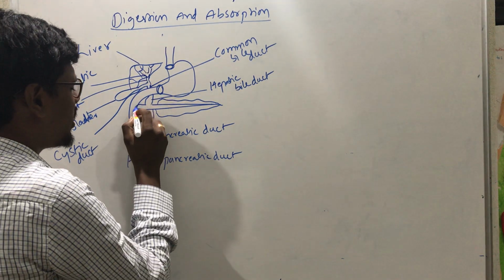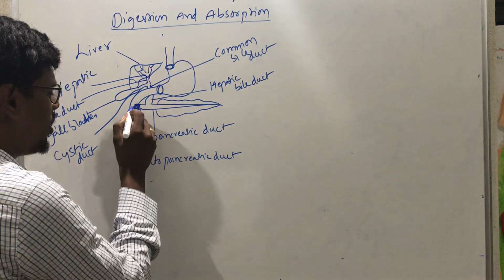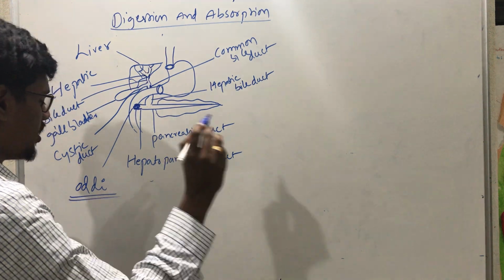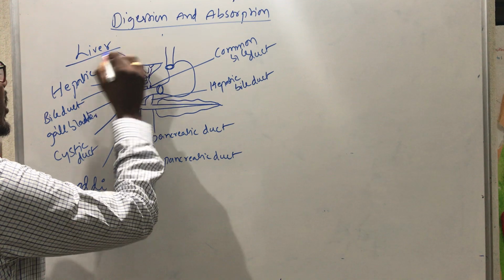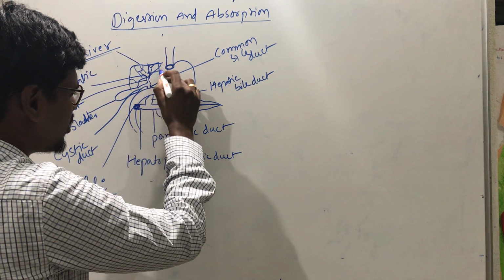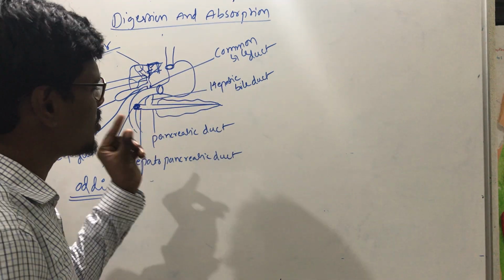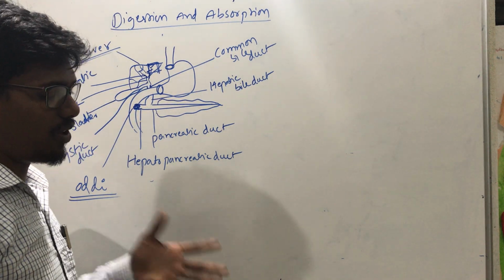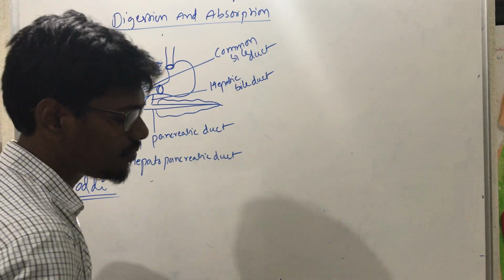This sphincter, we already discussed, is called the sphincter of Oddi. Now we will see the transverse section of the liver. We have to cut a piece and see the transverse section of the liver.